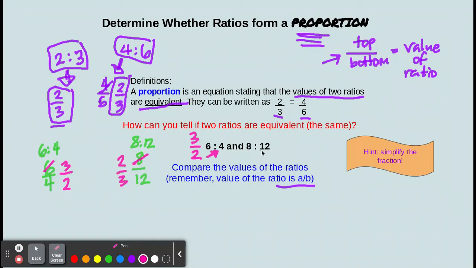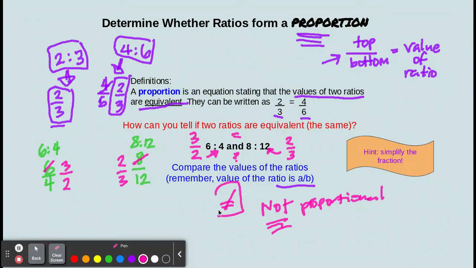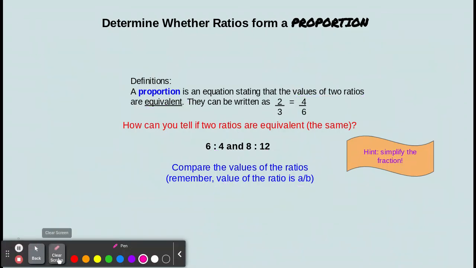So the value of this one is 2/3. Are they equal? No, they are not equal. So they are not proportional. They are not equivalent. They are not the same. They are not equal. All right.